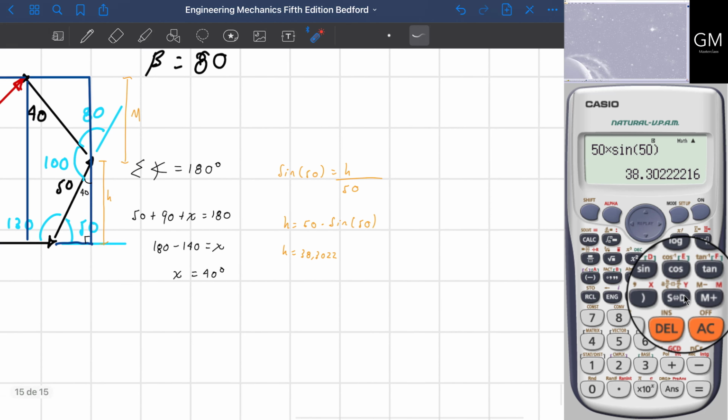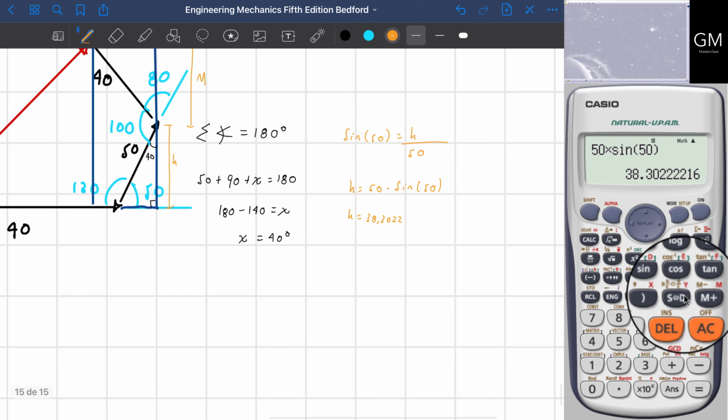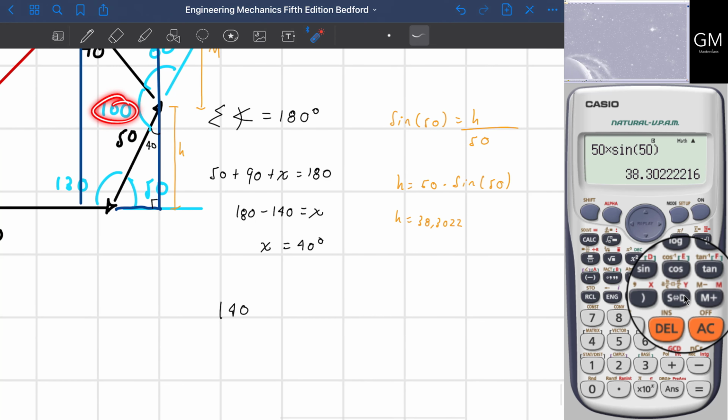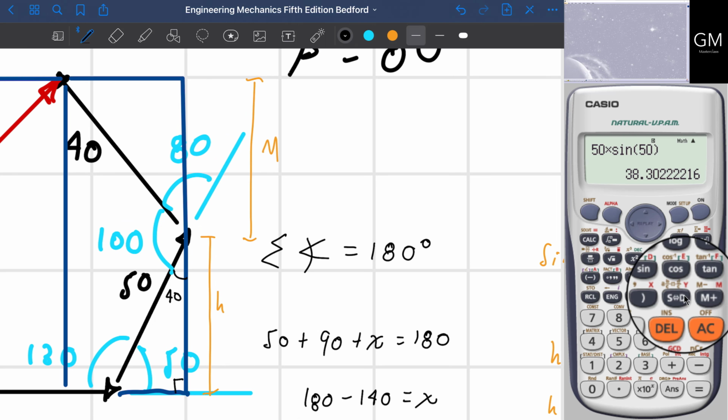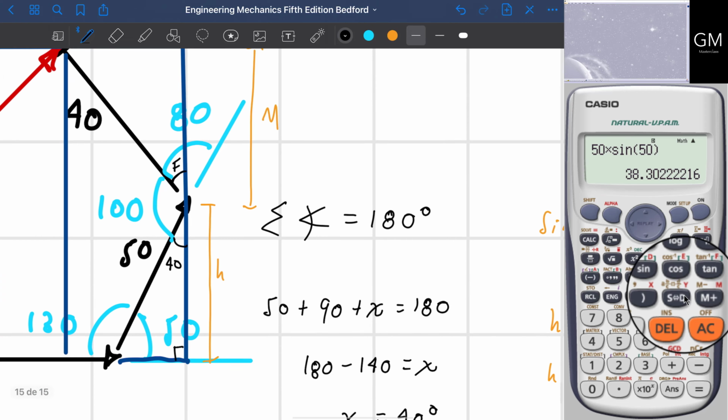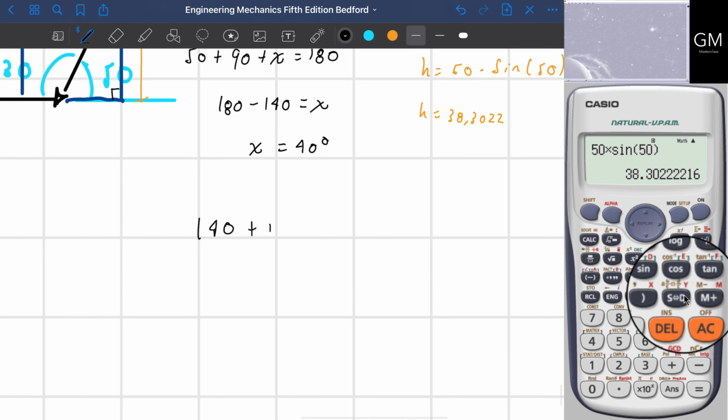So I'm going to create once again an equation that is going to say that 140, that's the summation of these two numbers, plus x, or I don't care how I'm going to call this, maybe f, plus f is going to be 180 degrees.